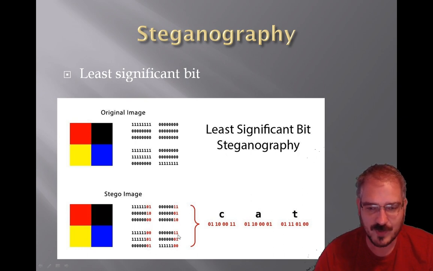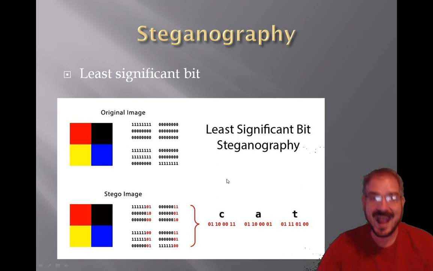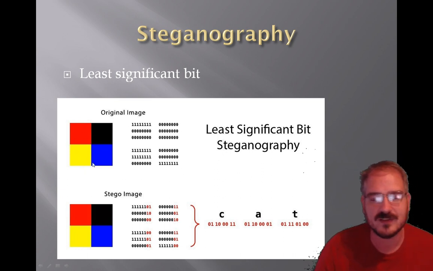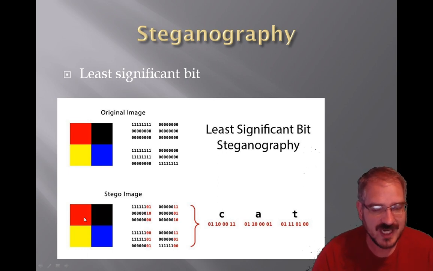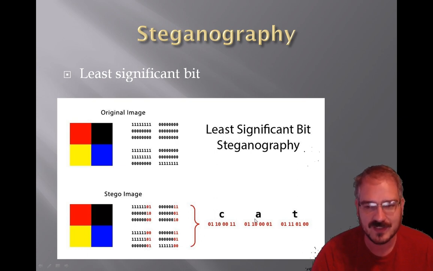Now, those 24 bits of information combine, once we put them in order, by the way we want to read them, into the letters C, A, and T. So now, using 24 bits of information from this 4 pixel image, we've modified it and we've changed the colors ever so slightly, but we've hidden a secret message within these 4 pixels that is this 3-letter word.